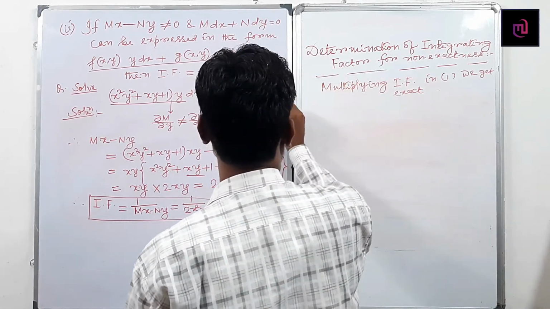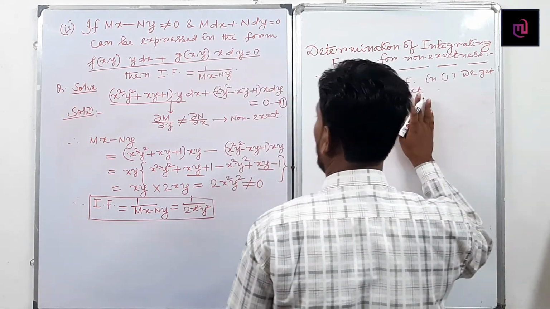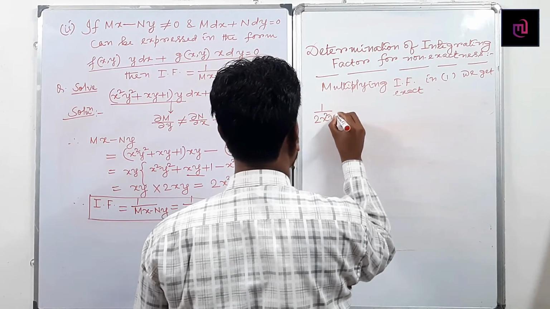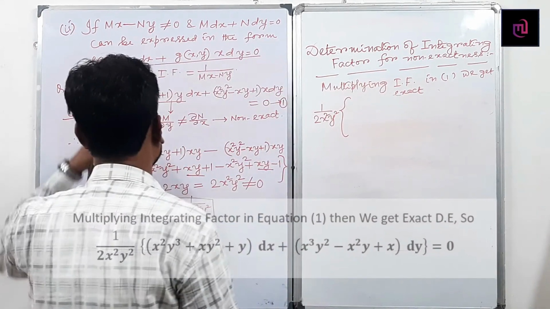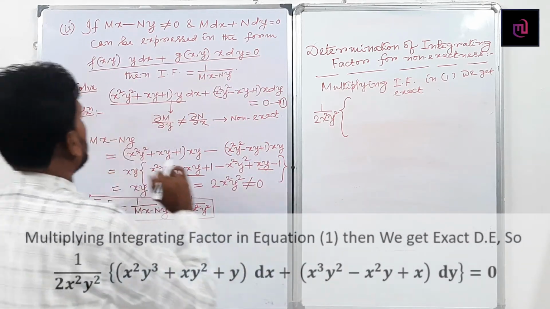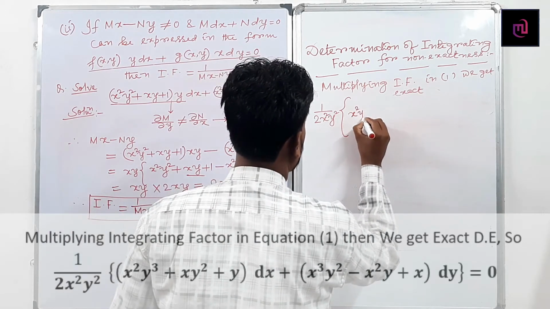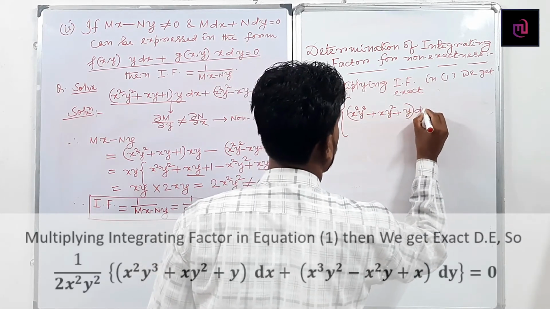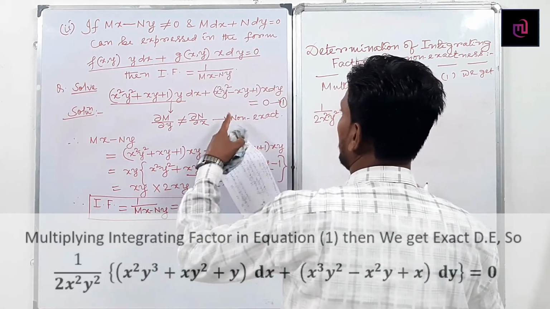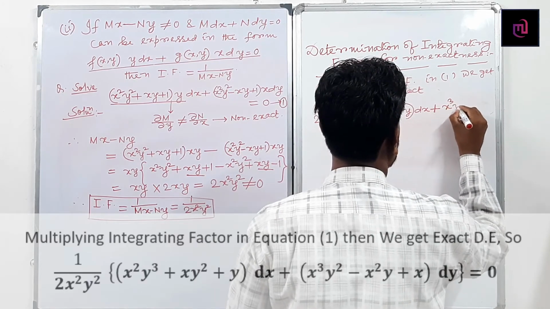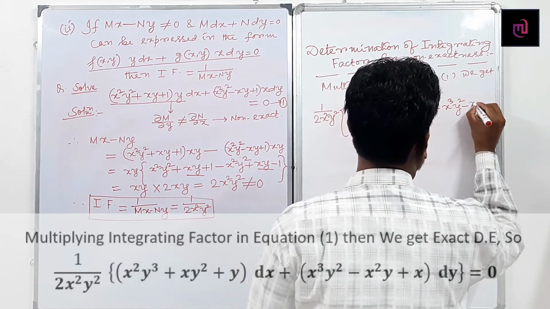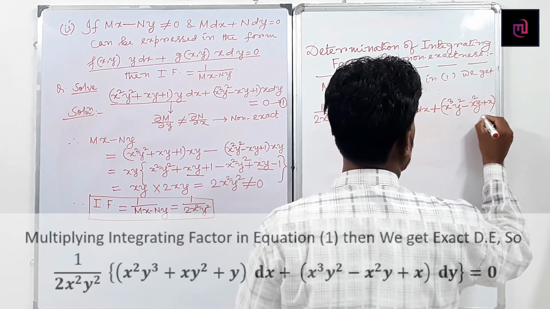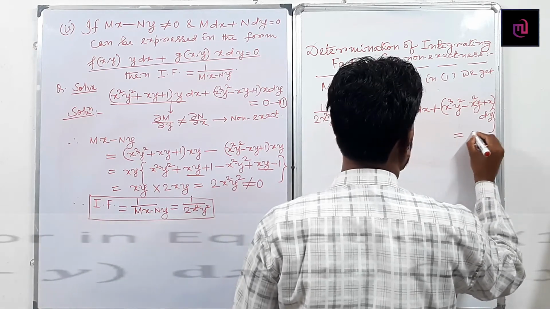Suppose this equation is numbered 1; multiplying the integrating factor in 1 we get an exact equation. So I multiply 1 by 2x²y² whole into (x²y³ + xy² + y) dx plus (x³y² minus x²y plus x) dy equals 0.